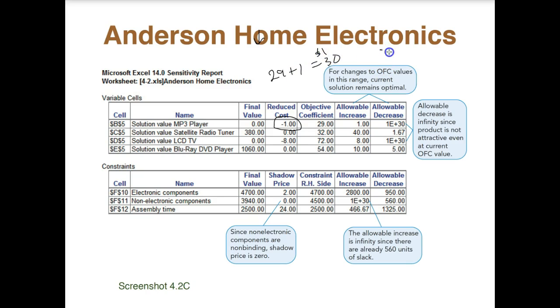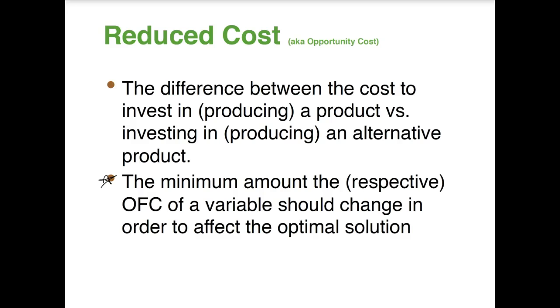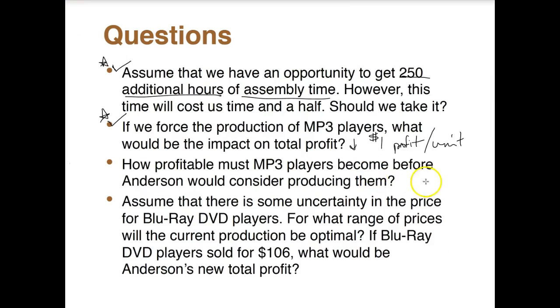So we need profits of $30 or more in order for us to consider producing MP3 players. So that's what we'll do here. So greater than or equal to $30 profit. All right, so that answers question number 7.